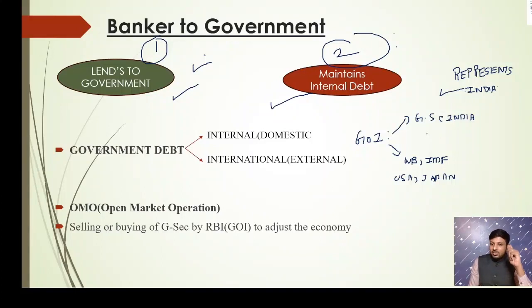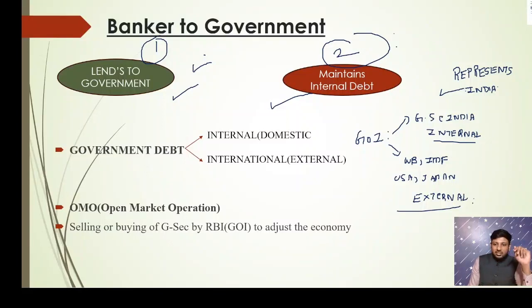If it is borrowing within India, then it is known as internal debt, because for whatever borrowing, the government has a liability to pay back. Whatever the Government of India borrows outside India is known as external debt.